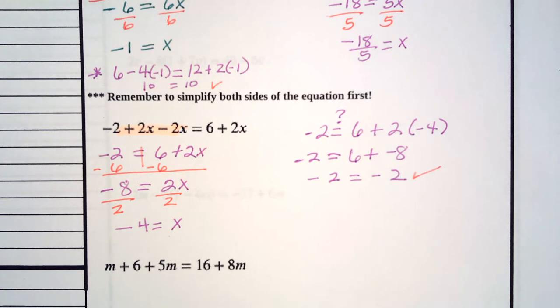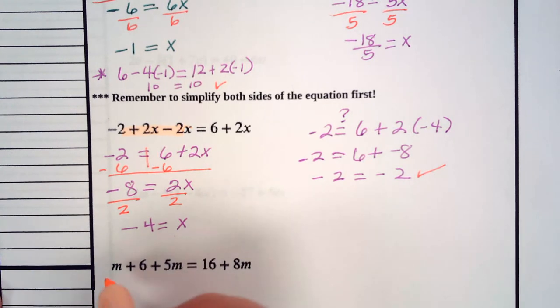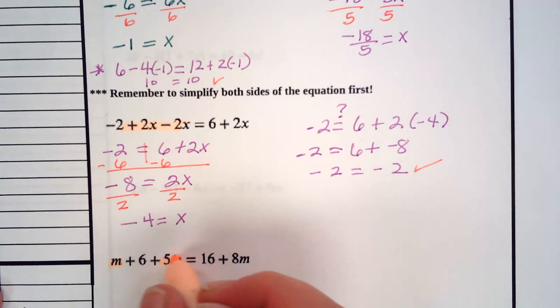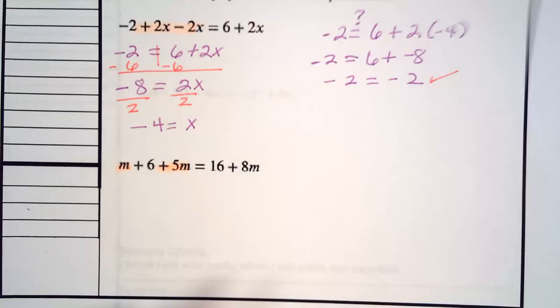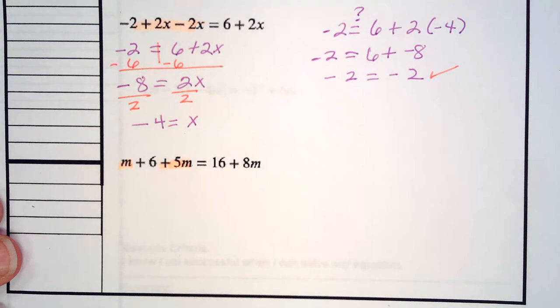Okay, pause the video and see if you can identify what are our like terms that we need to combine first. Okay, if you said the 1m plus 5m on the left side, you would be correct.